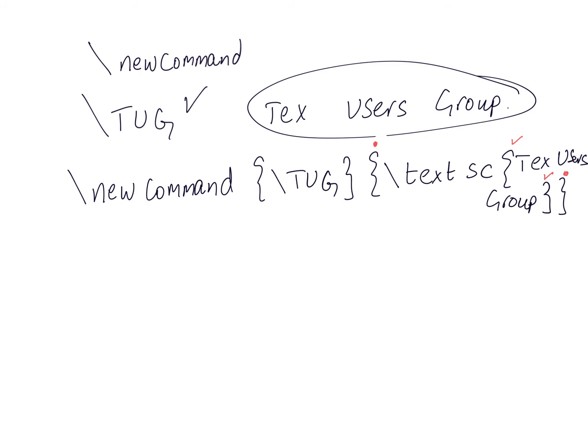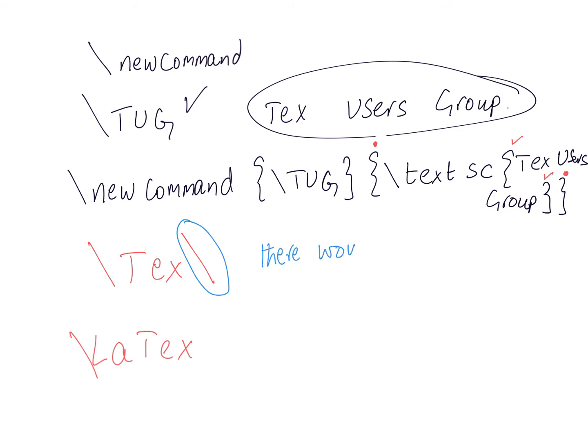Another thing that you may have noticed is that when we use the tech, we put another backslash after it, but for the LaTeX, we just put one backslash, and there's a reason why we put the second backslash. If we skip this, there would be no space between the words.